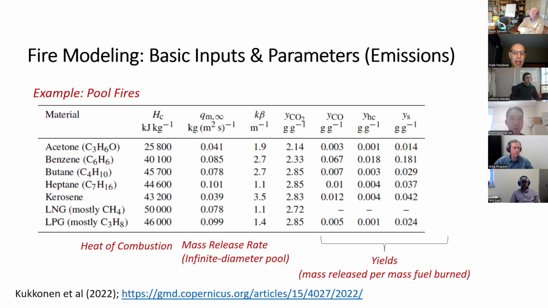Let me give an example of the values of heat of combustion and mass release rates that happen in certain types of fires. This is, for example, for a pool fire, for various materials. A pool fire is, you can imagine, like a metal ring that contains some kind of liquid fuel.